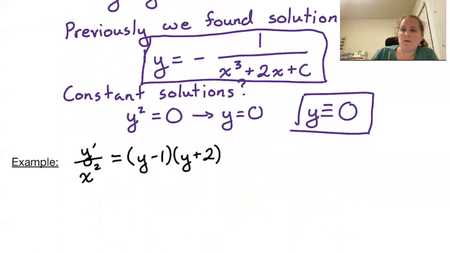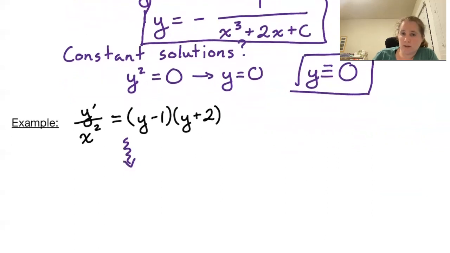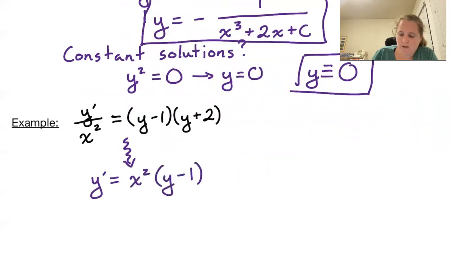Let's look at one more equation we previously worked with. So if y prime over x squared was equal to y minus 1 times y plus 2, we can rewrite this as y prime is equal to x squared times y minus 1 times y plus 2.